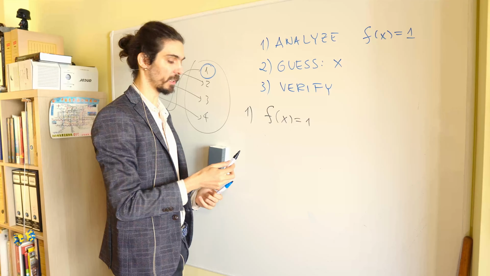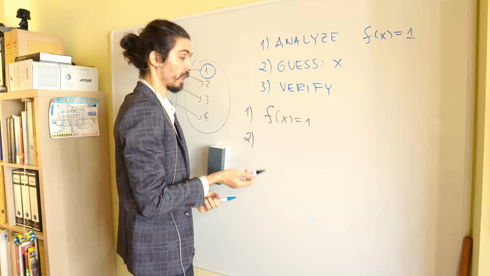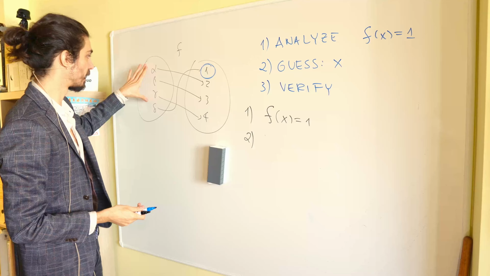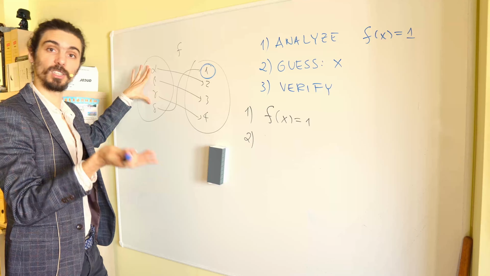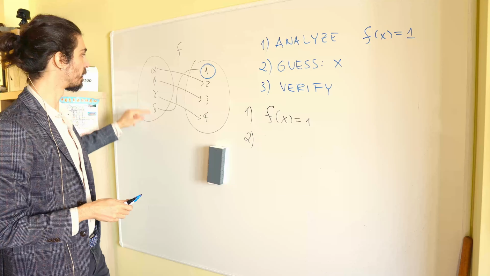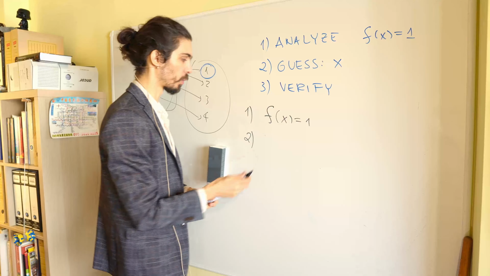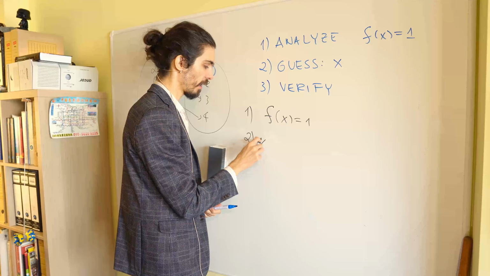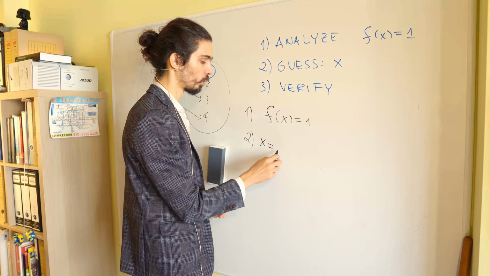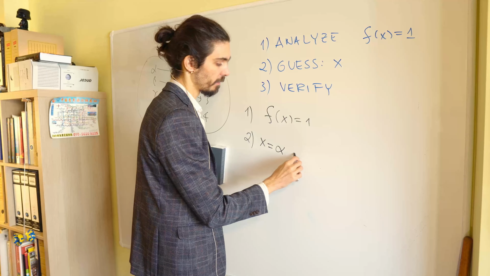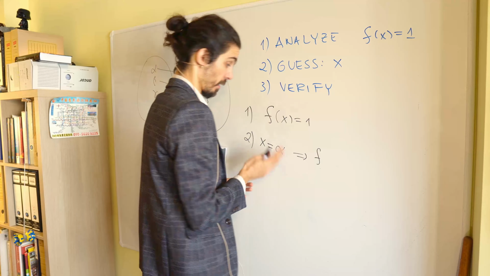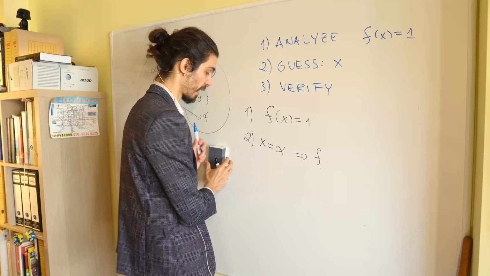With this information, we go to step 2, you try to guess. Because the domain is quite small, let's just choose every possibility. So let's try each one. x is equal to alpha. This is our guess.